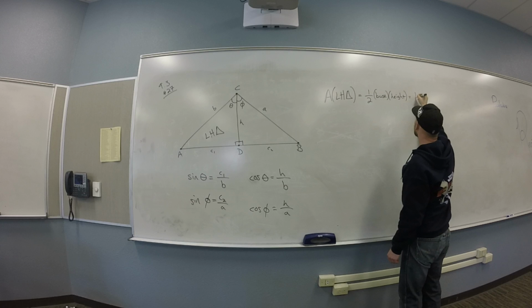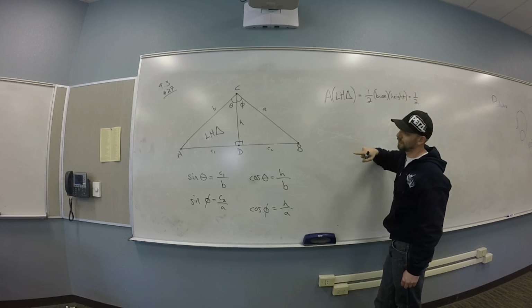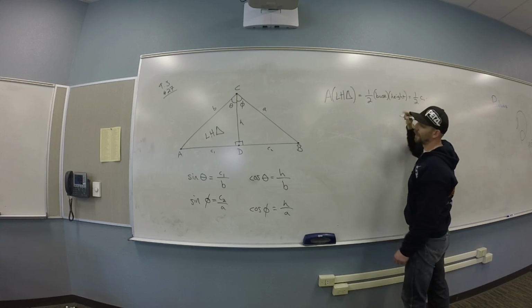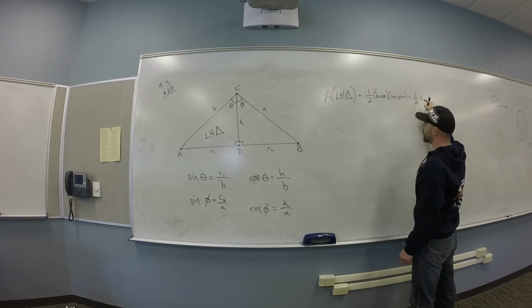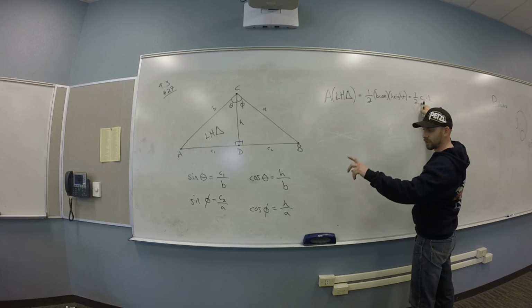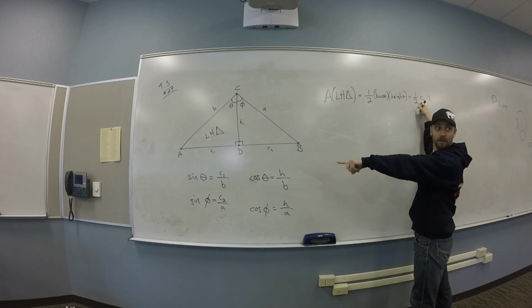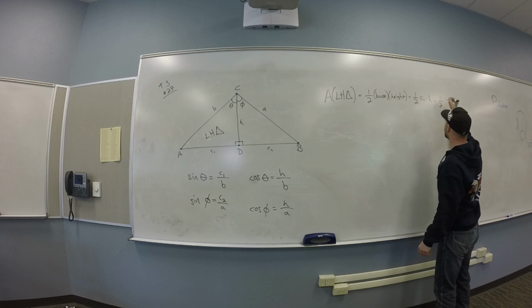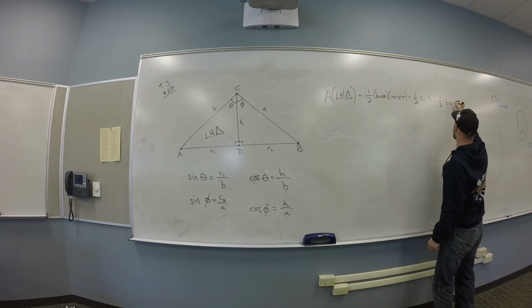So that's a half, and then the base is C1, and then the height is H. Oh, but C1 is the top of sine of theta, right? So I could rewrite that as a half times B sine theta.